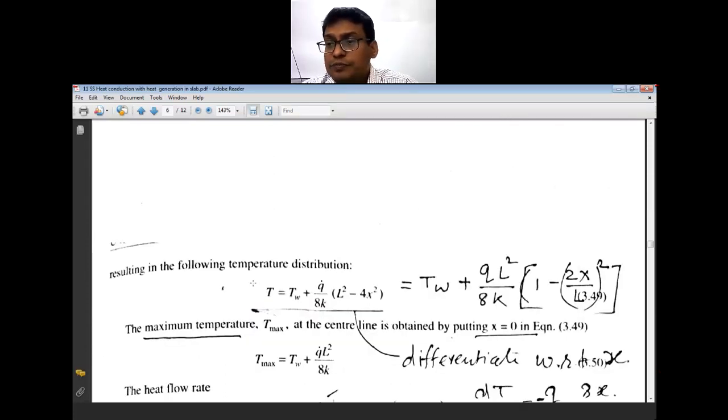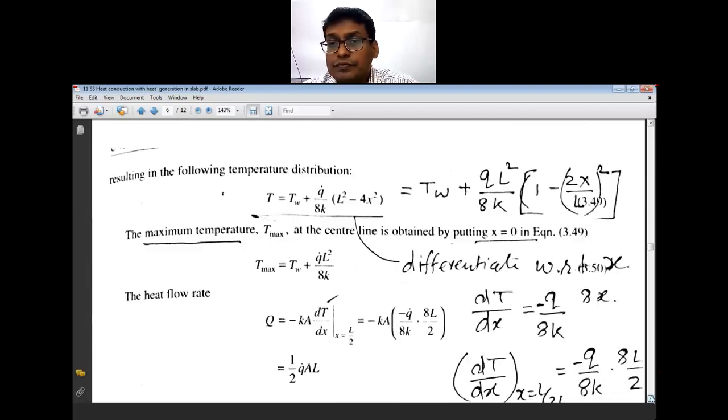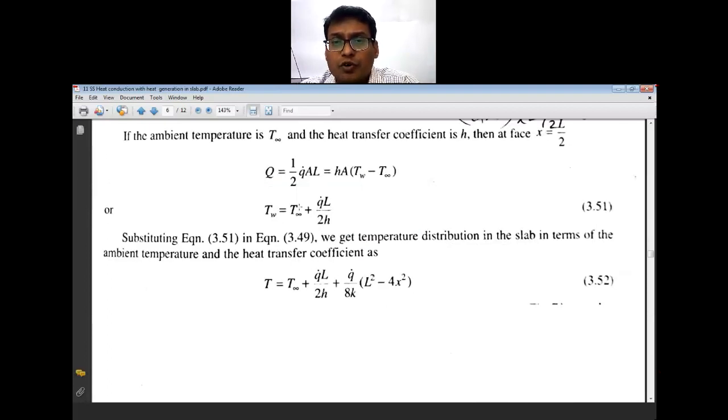So in equation 3.49, I am going to substitute this value of TW in terms of T infinity, the surrounding temperature, and the convective heat transfer coefficient.